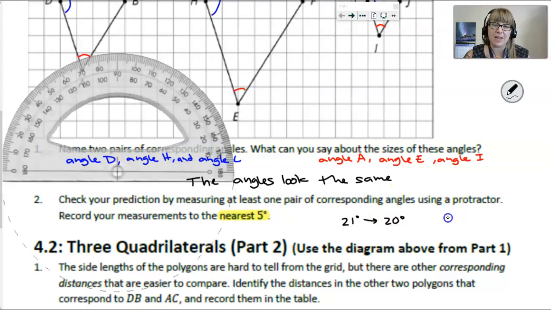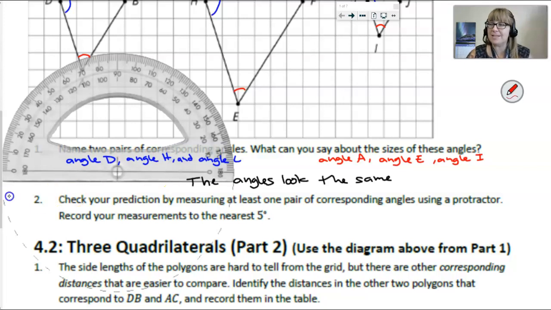Versus if I have something like 24 degrees, well, that's going to round to 25 degrees, and so I would call it a 25-degree angle. So again, I know that we want to be precise, but sometimes we're limited by our tools, and so that's why we're going to be rounding a little bit here. So pause the video and measure your angles. I will also be measuring my angles when we return, but pause the video now to get your angles measured.